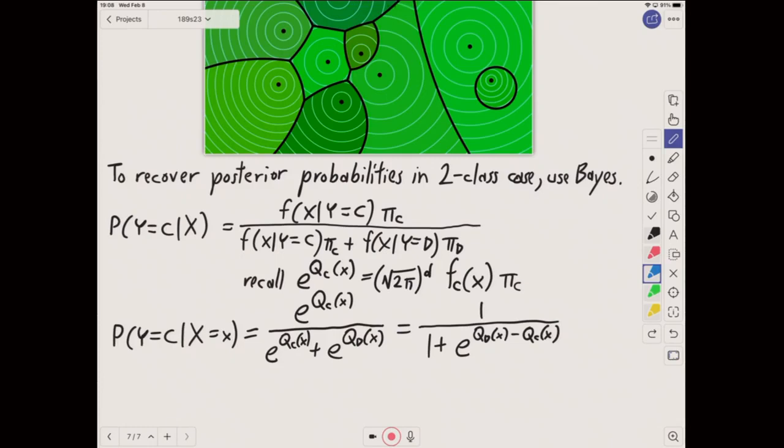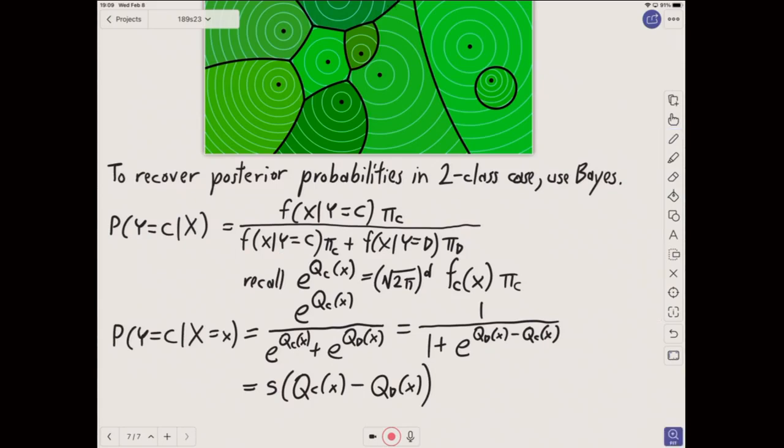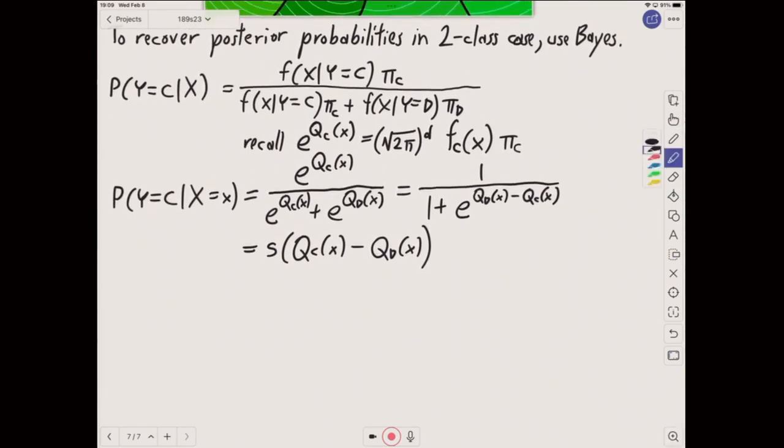First, I'll compute the decision function, and then I'll apply a little scalar transformation to the decision function. So I will write it as some function s applied to the decision function QC minus QD, and what is that function s?